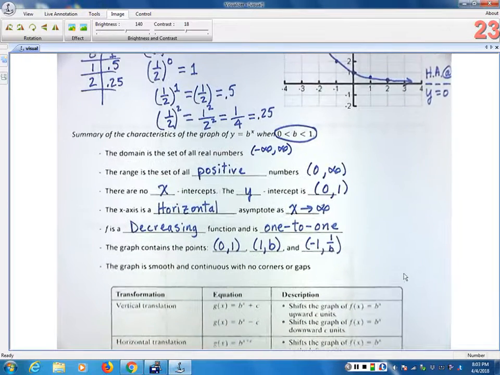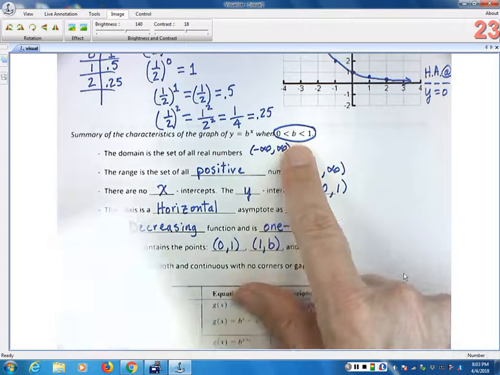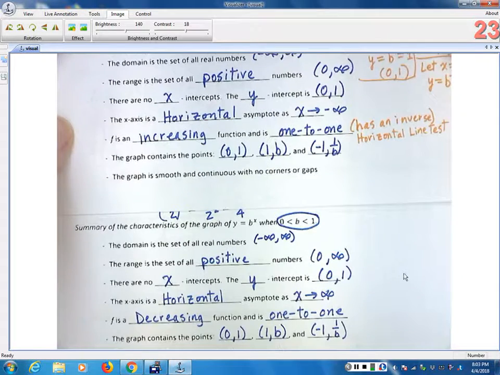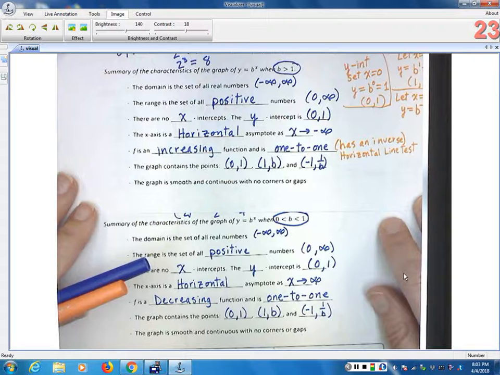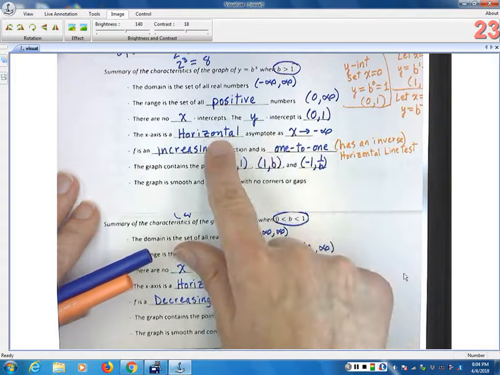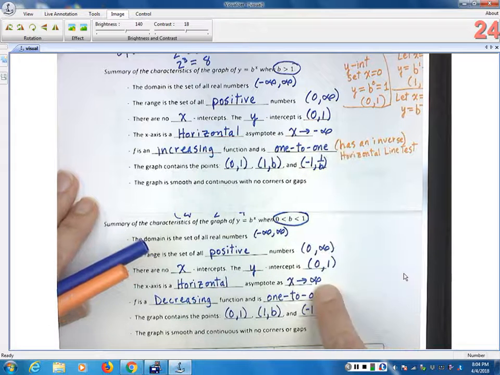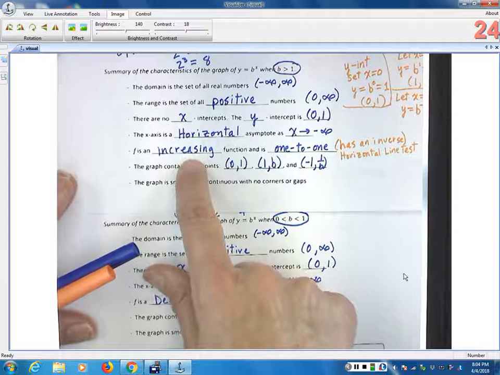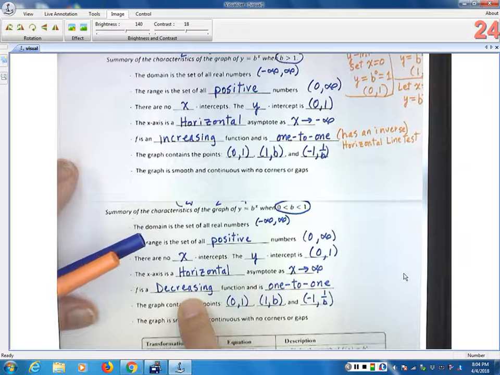So the only difference between when b is between 0 and 1 and greater than 1 is that everything was the same except the x-axis is a horizontal asymptote as x goes to minus infinity here and positive infinity here, and it's increasing if b is greater than 1, decreasing otherwise, but the rest of it's all the same.